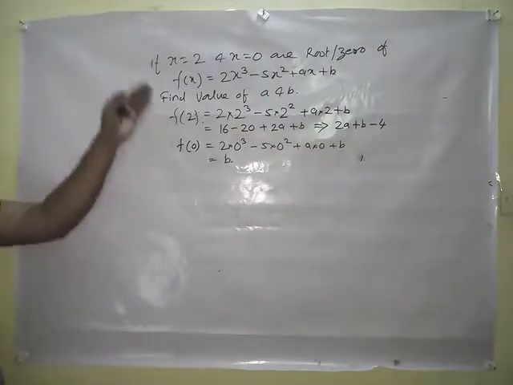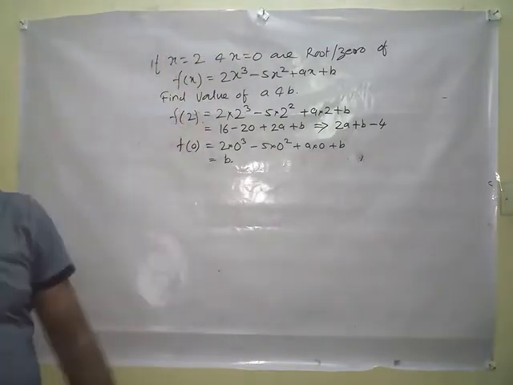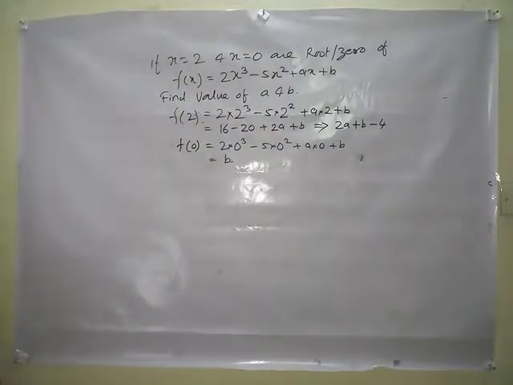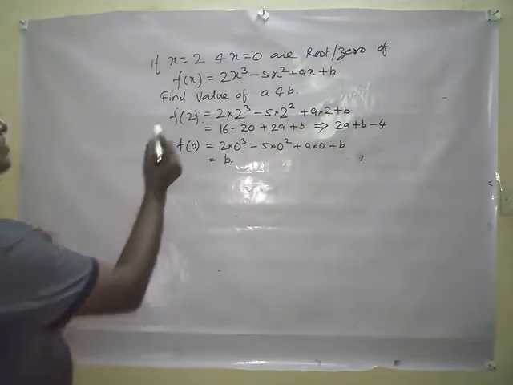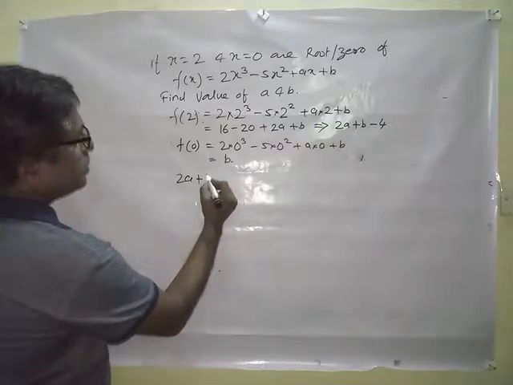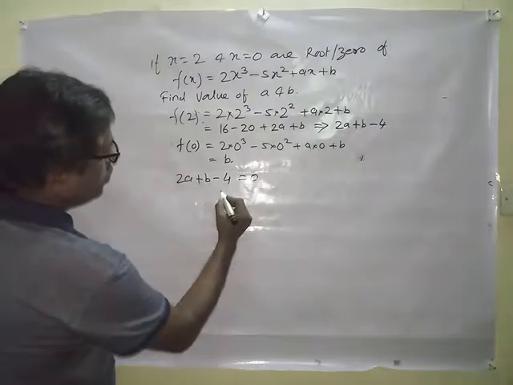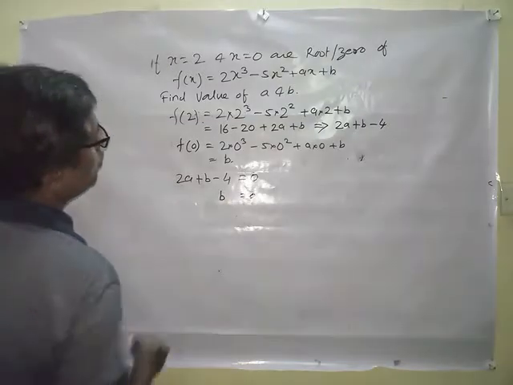Now what is given? These two values of x are the roots or zeros of the polynomial. Then virtually speaking, 2a plus b minus 4 equals 0 and b equals 0.